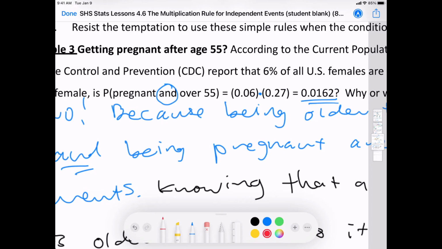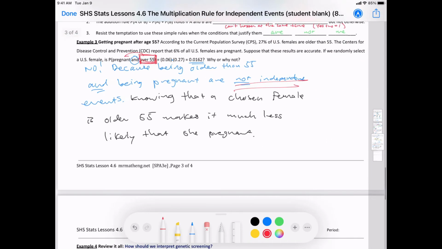Well, if you are over 55, this is past general childbearing. Is it possible? I'm sure if you look it up on Google, can someone have a baby over 55? Yes, you can. Is it normal? The answer would be no. This is less and less likely. So if you're picking someone over 55, then of course there's less chance of being pregnant. So that one influences the other one. That's why it's not independent. They are dependent.